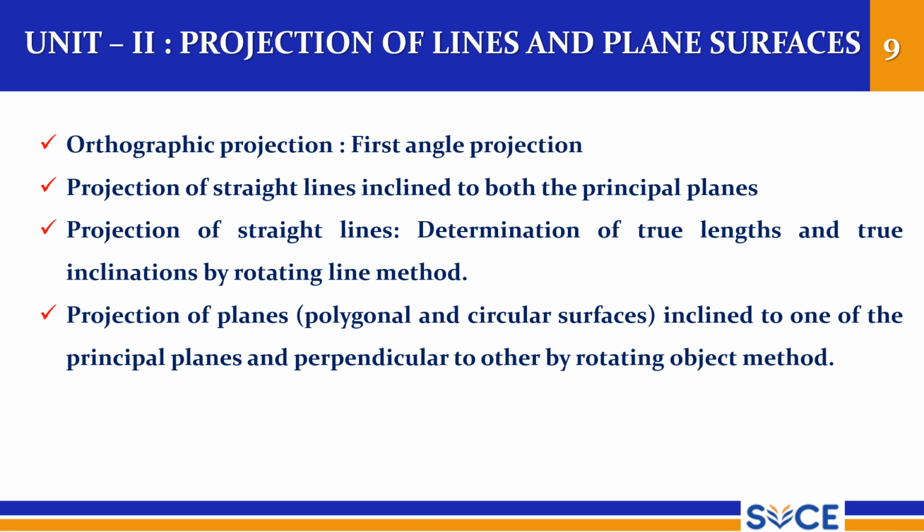Here there is one more method, the auxiliary plane method. Instead of rotating the object, the principal plane itself can be rotated, and on that we can draw the front view as well as the top view, whereas here we are going to see the rotating object method only. So that is the content.